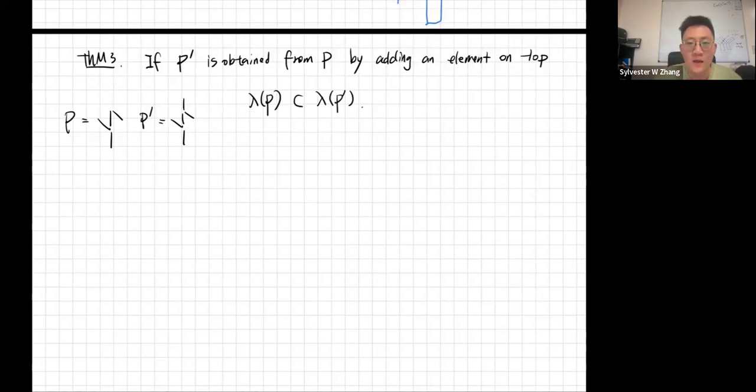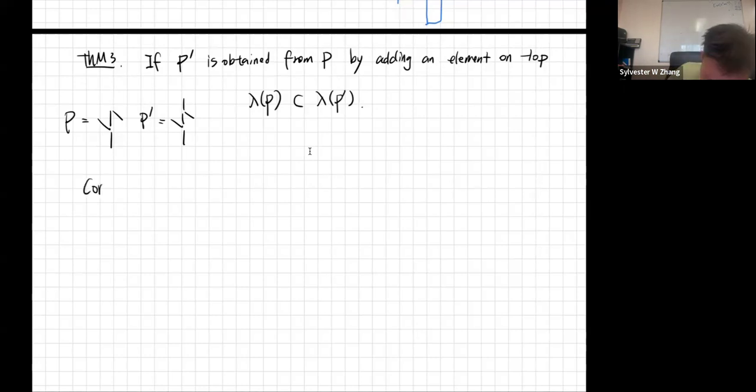Because of this theorem, you're allowed to take sequences of posets and get sequences of partitions, which will eventually become some kind of tableau.